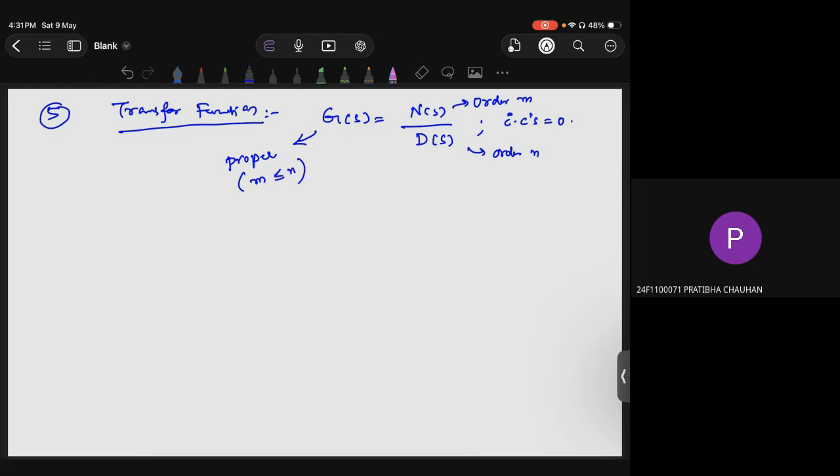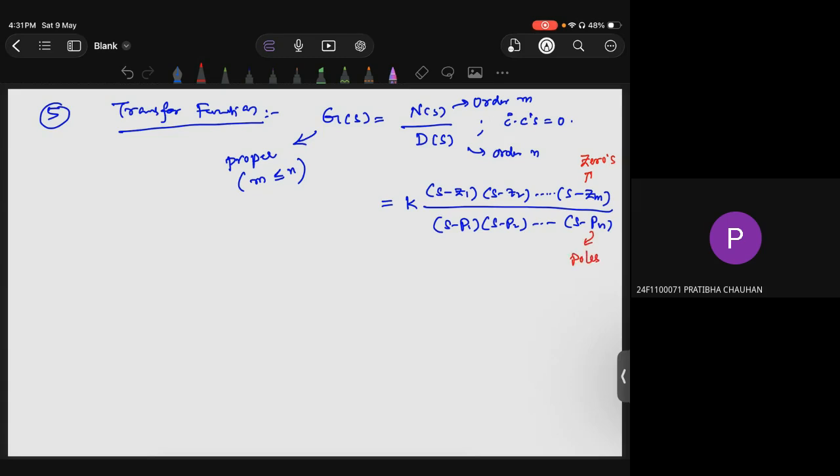In that case, we could write this as some k multiplied by (s minus z1)(s minus z2) etc. (s minus zm) divided by (s minus p1)(s minus p2) etc. (s minus pn), where we call these zi's zeros and these pi's poles. So zeros and poles.